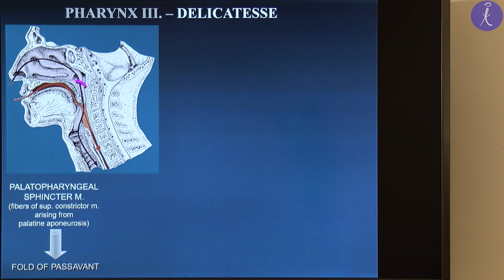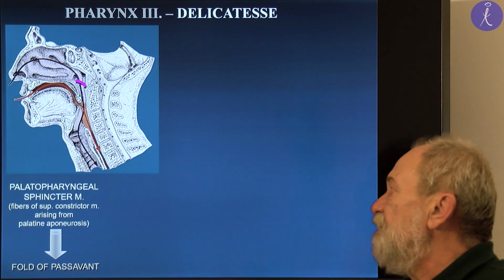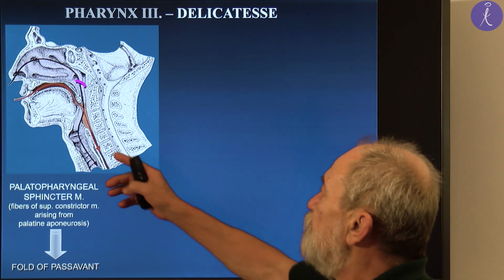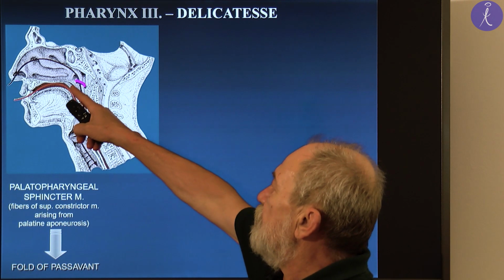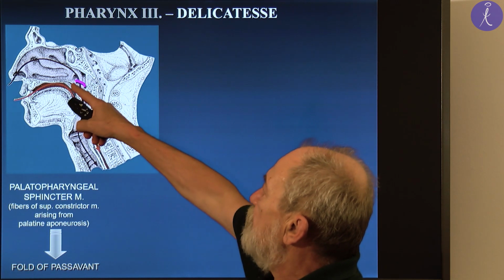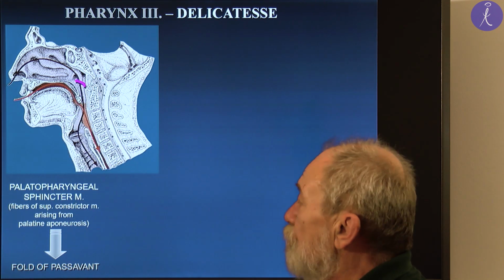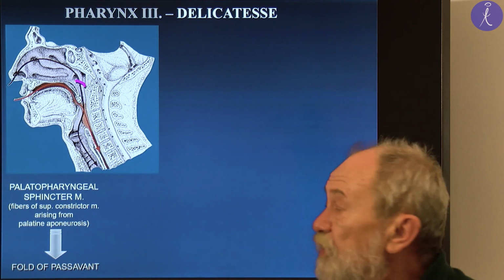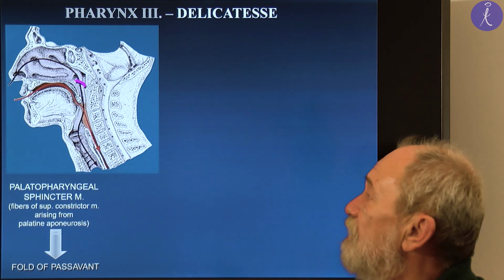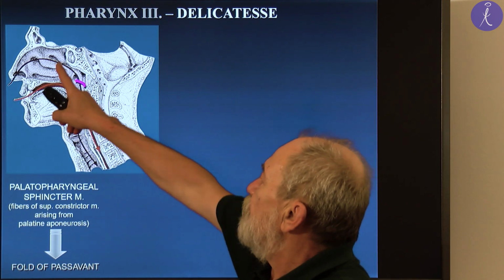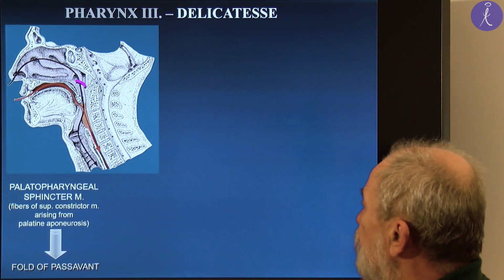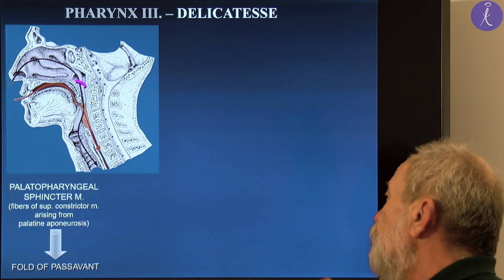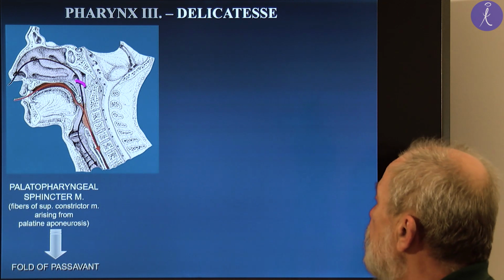Just one delicacy. This is quite an interesting thing. As you remember, the mechanism of swallowing first was stretching and lifting the soft palate up. But what if the muscles overconstrict, so the contraction is too much, then further up the soft palate would be lifted and would be reflected into the epipharynx.